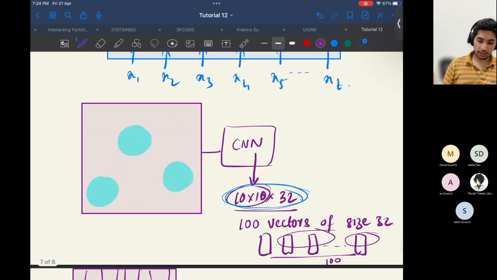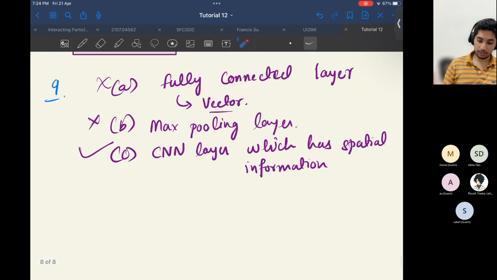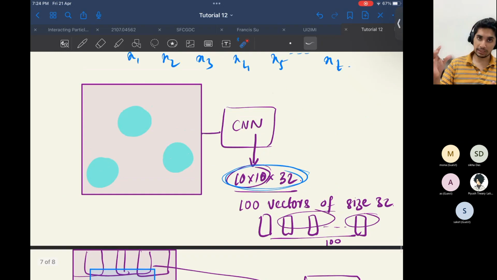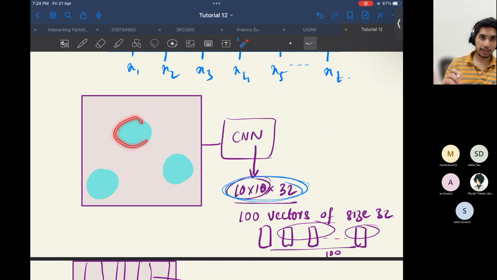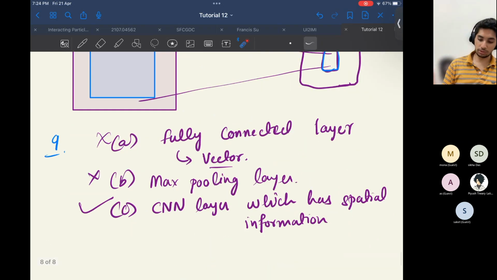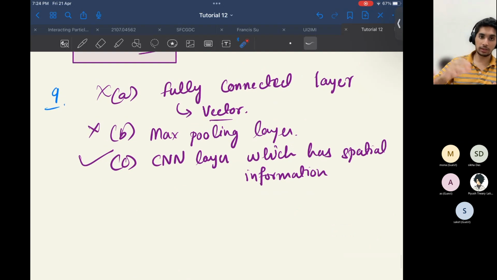End of the day, I want to say that this is important, this is important, this is important. Only those layers of a CNN which have the spatial information in them can give me that information, and I can use those to apply attention. So C will be the correct option.